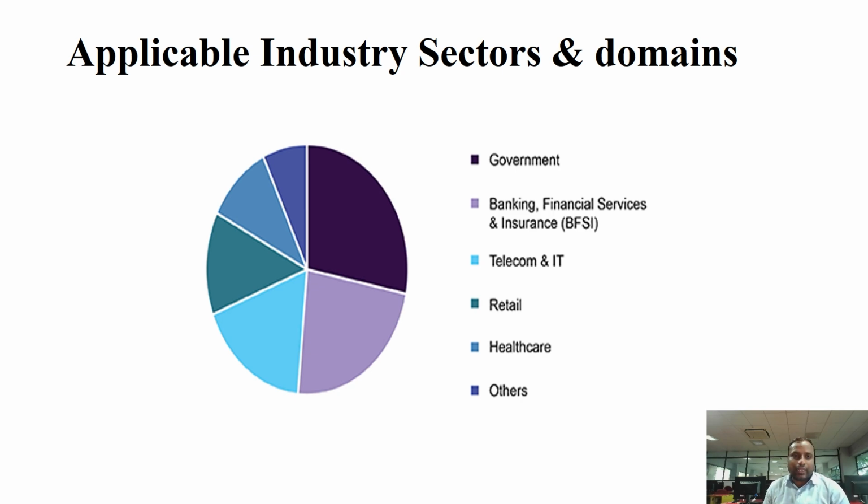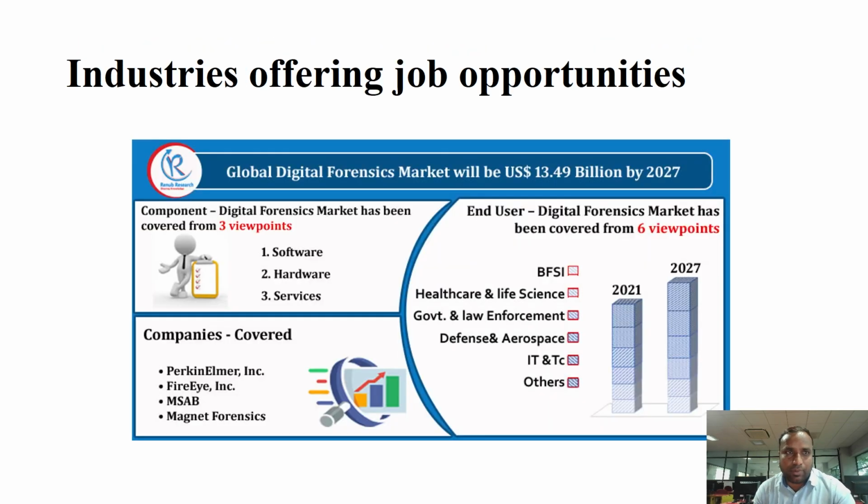You can also go for retail, healthcare and others. Cyber security and digital forensics cover almost all industries, and you can try to join and get jobs in industries based on the digital forensic domain.